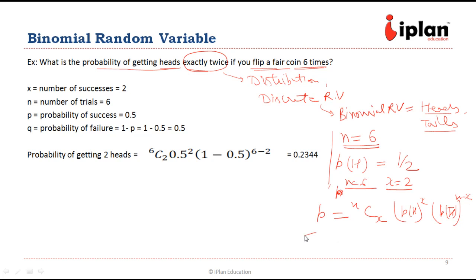So in this case, the answer is 6C2, 1 by 2 to the power 2 and 1 by 2 to the power 4, which will give you 0.2344, the probability of getting exactly 2 heads out of 6 experiments. So this is the application of binomial random variable.